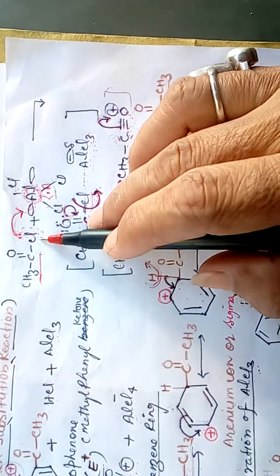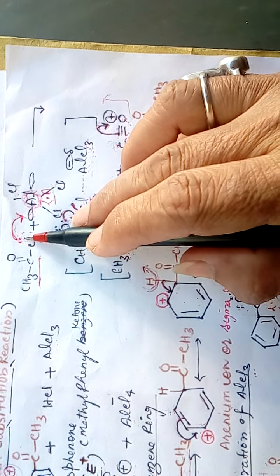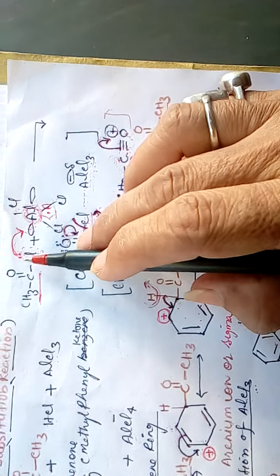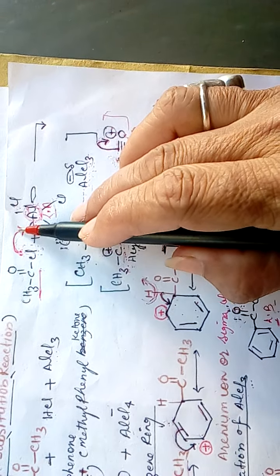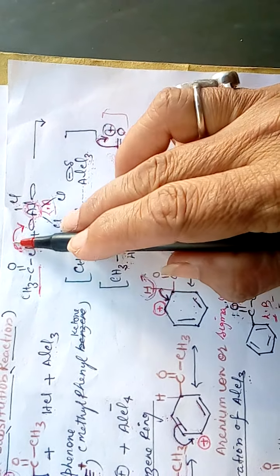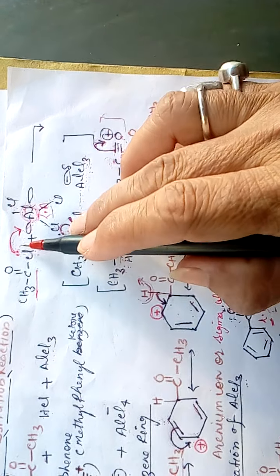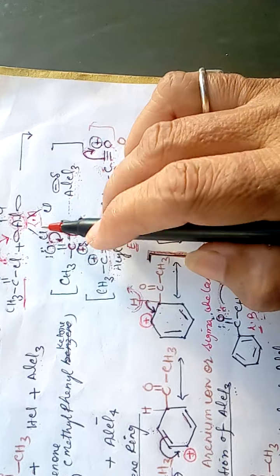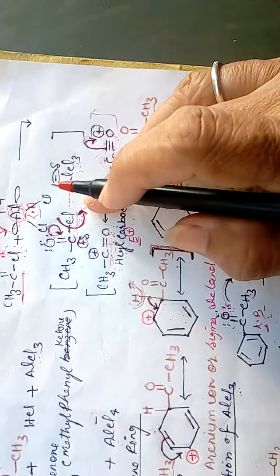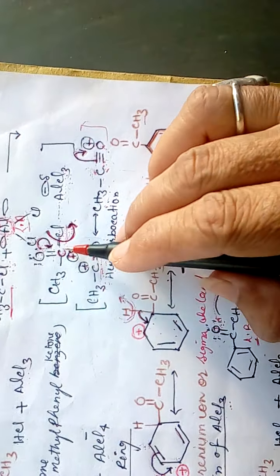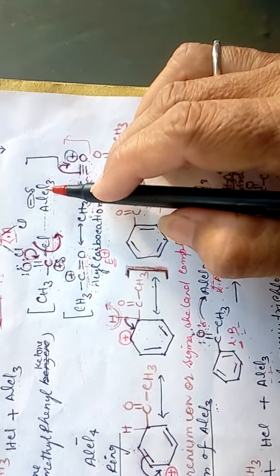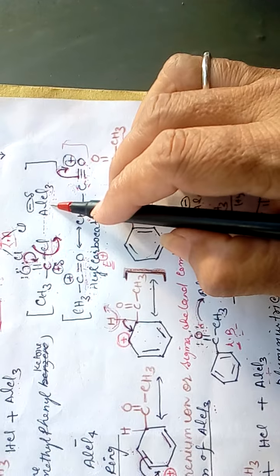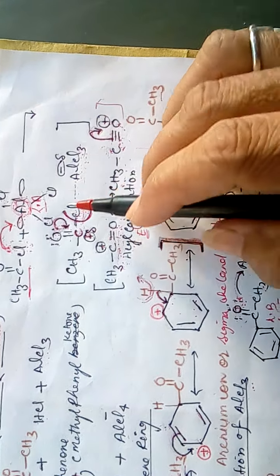In the acyl chloride, the chlorine atom has 3 lone pairs of electrons on it, and it donates a lone pair of electrons to the p orbitals of the aluminum and forms a coordinate bond with the aluminum trichloride. When acyl chloride forms a bond with aluminum trichloride, this carbon gets positive charge and the AlCl3 gets negative charge.